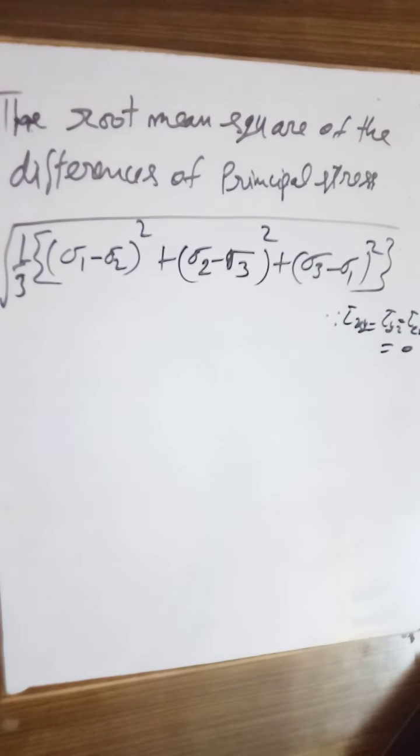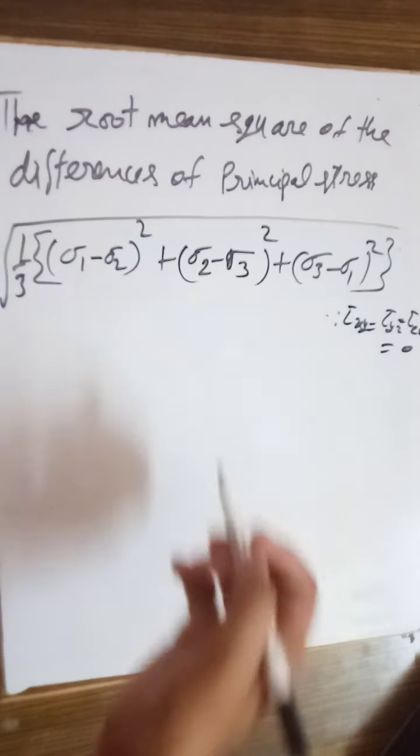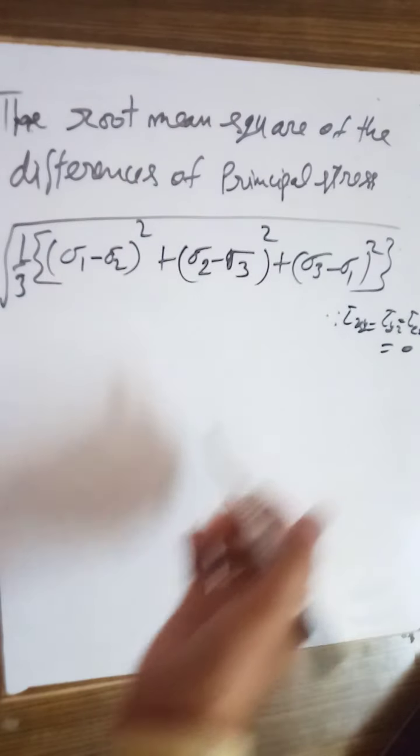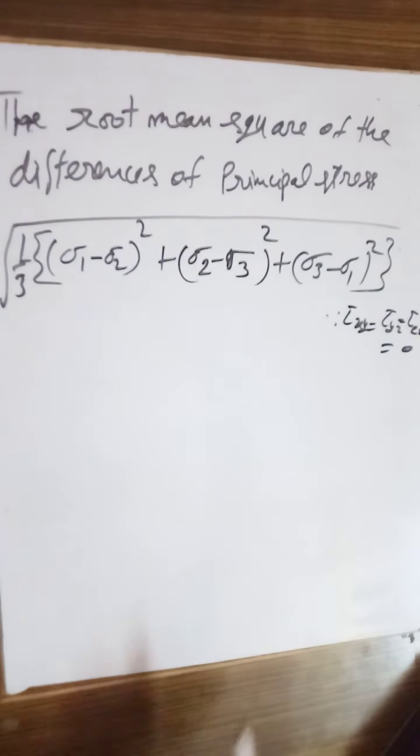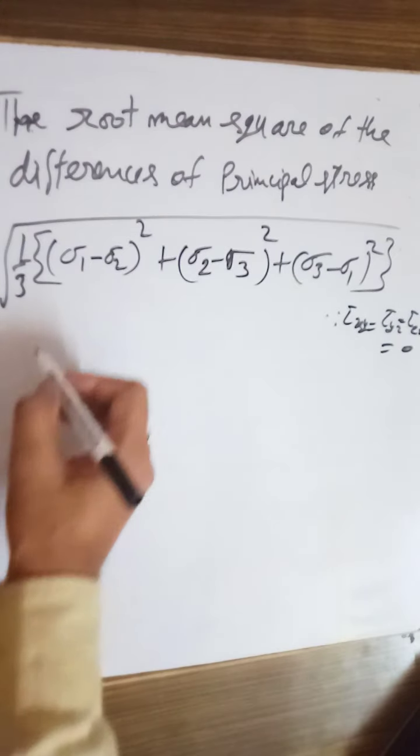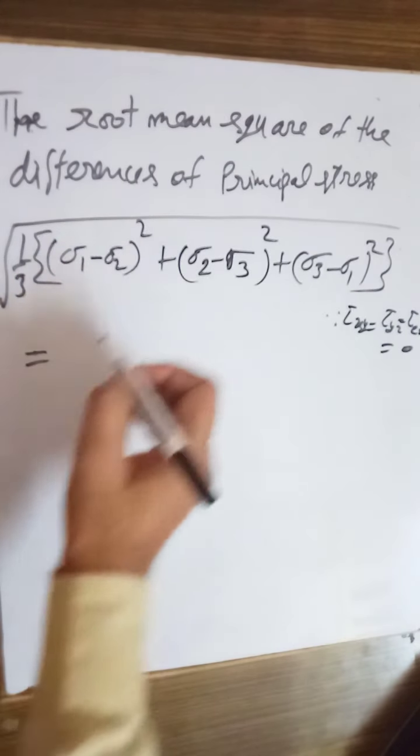Considering these values, we put sigma 2 and sigma 3 as 0.